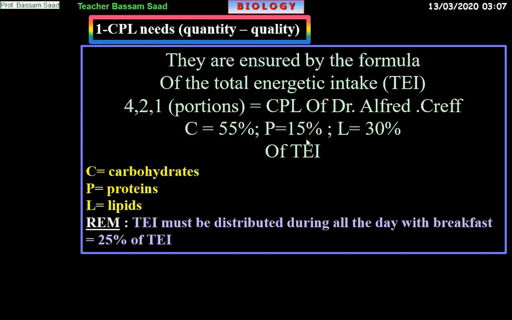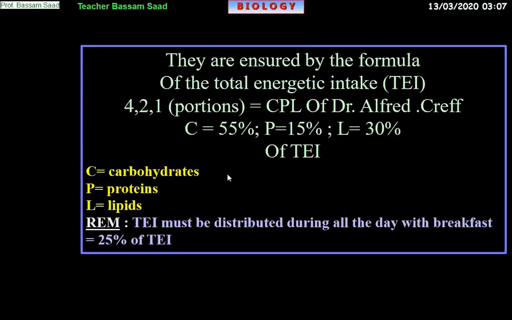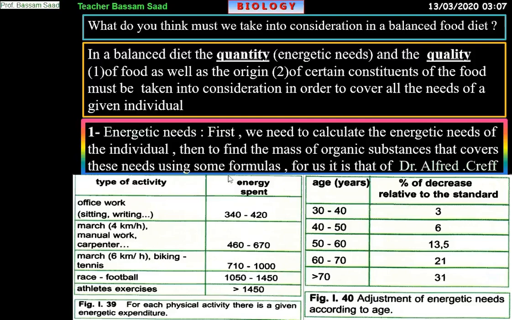The same for carbohydrates and lipids. If we find that the mass of carbohydrate this individual must eat is, suppose, 50 grams, 50 grams must not be of one type or one origin. There are carbohydrates called of slow assimilation, and the others are of rapid assimilation. We'll see this now.